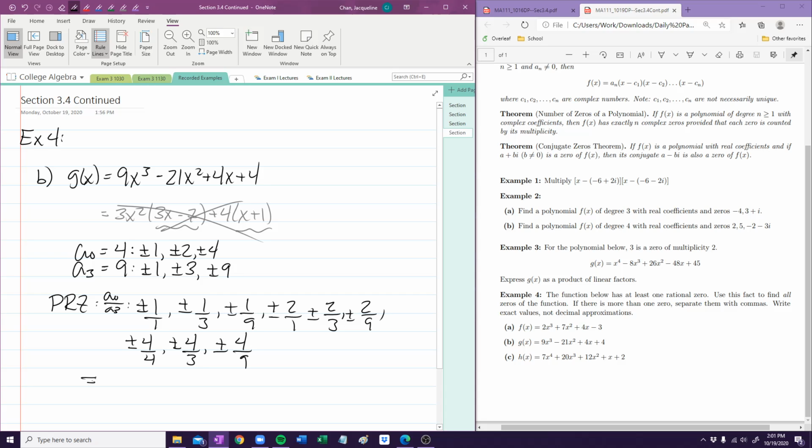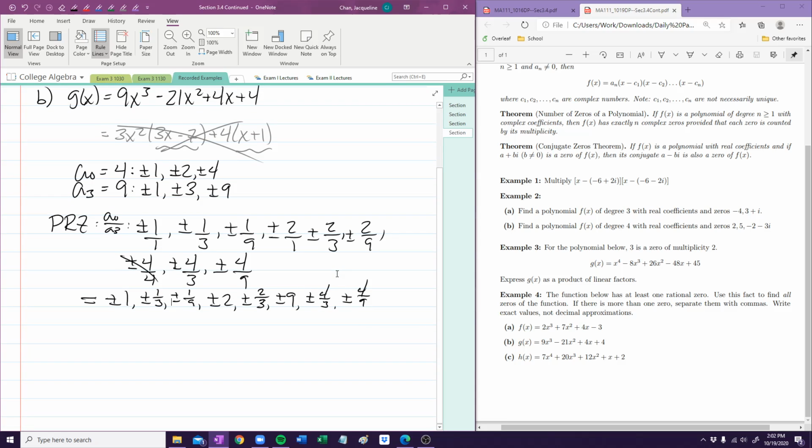So I have plus or minus 1, plus or minus 1/3, plus or minus 1/9, plus or minus 2, plus or minus 2/3, plus or minus 2/9, plus or minus 4, plus or minus 4/3, and plus or minus 4/9. So we have a lot of rational zeros to choose from.